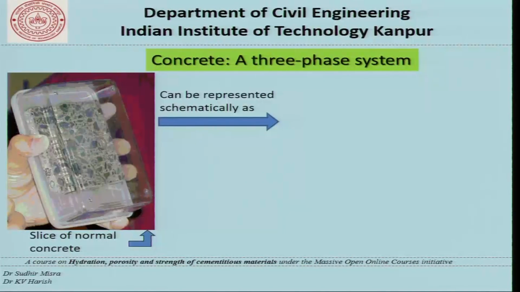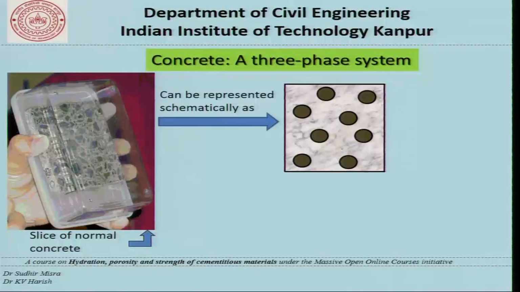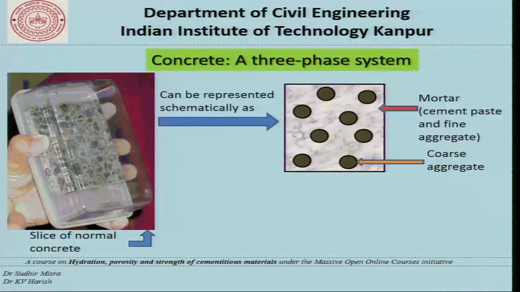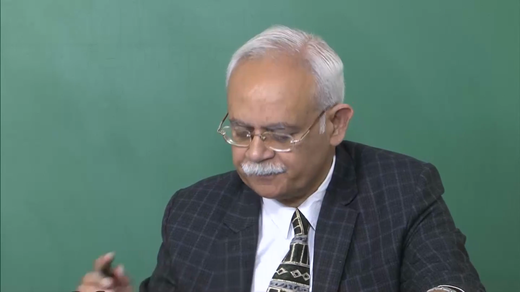We can schematically represent this as coarse aggregates and mortar, in a manner that these coarse aggregate particles are suspended in mortar or cement paste and fine aggregate. We must remember that even in the fresh state, this must have been the configuration, even though we have taken the picture in the hardened state.